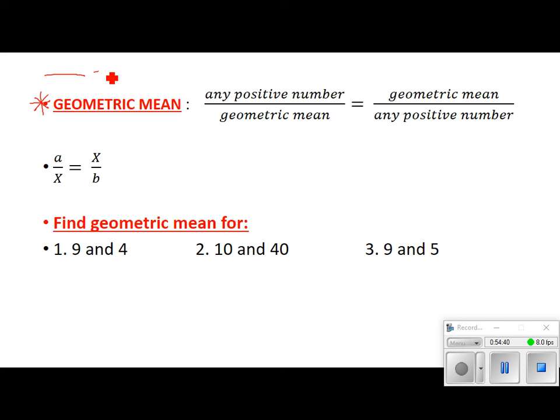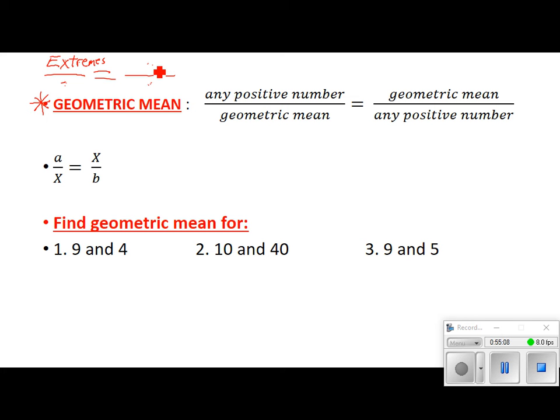Remember, and this was one of the bonus questions on the last test, I asked you what were these two numbers called? Does anybody remember? Started with an E. Extremes. These two were the extremes. These two were called the means.